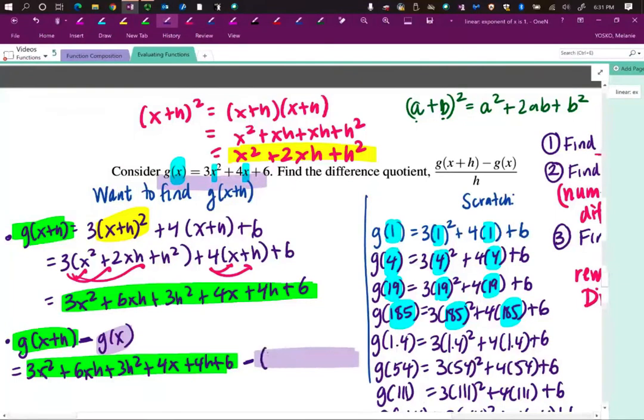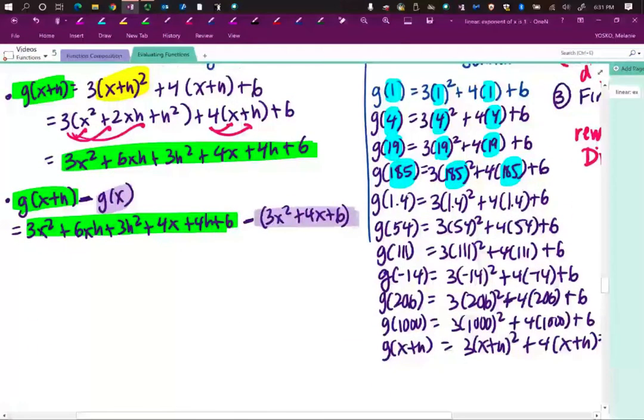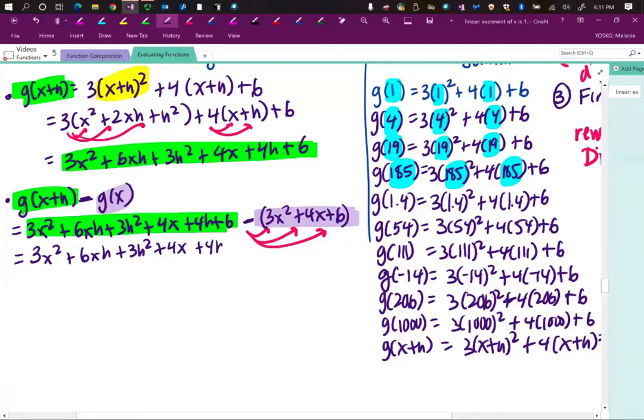Use parentheses, 3x squared plus 4x plus 6, because we want to subtract off every single term, not just the first term. So we're going to distribute. When you end up doing this, you are distributing a minus sign, so you are changing all of the signs in the last term. So we have 3x squared plus 6xh plus 3h squared plus 4x plus 4h plus 6, minus 3x squared minus 4x minus 6.